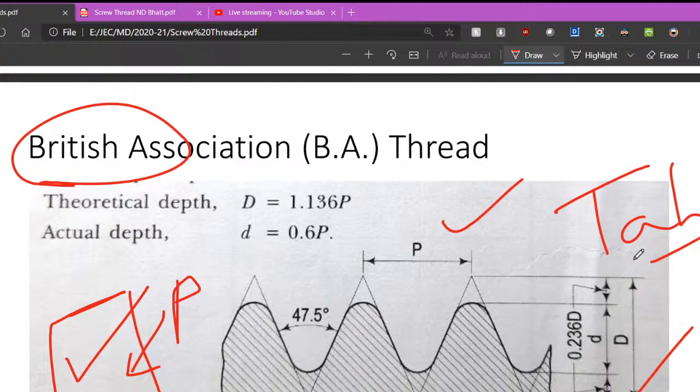So British Standard Whitworth and British Association threads are used as per the requirement, but in the general sense there are mainly three: unified, metric and BSW threads.